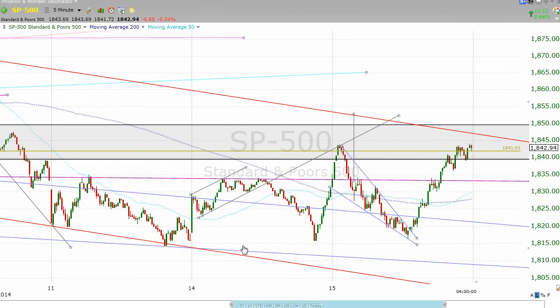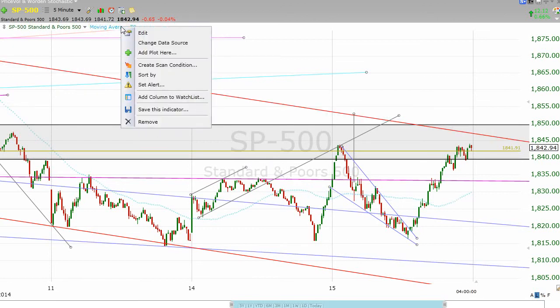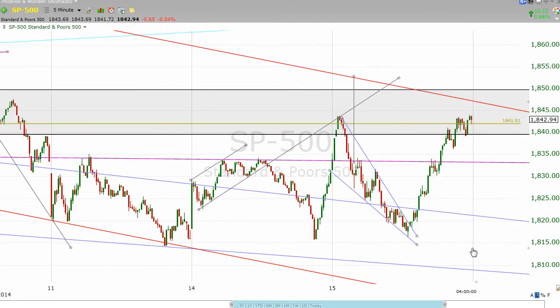The other thing that I found very interesting, and this is a set of lines that I drew on the chart by about midday. I said, by golly, look at that. We are making a descending wedge as we come down to test that same area of lows, which today were just a little over, about 1816, maybe just a little bit over.